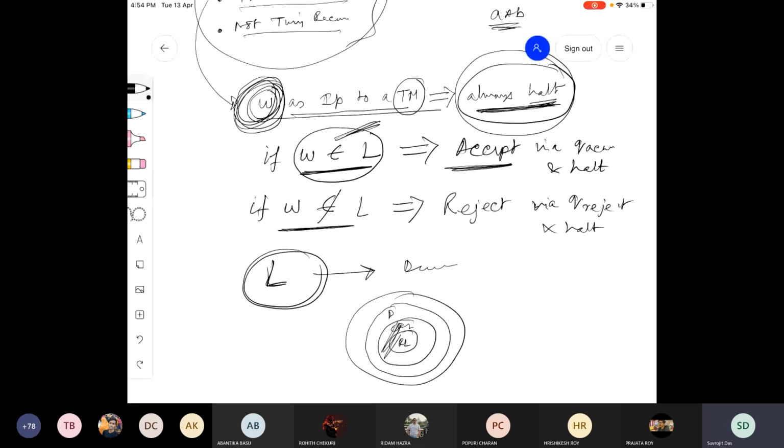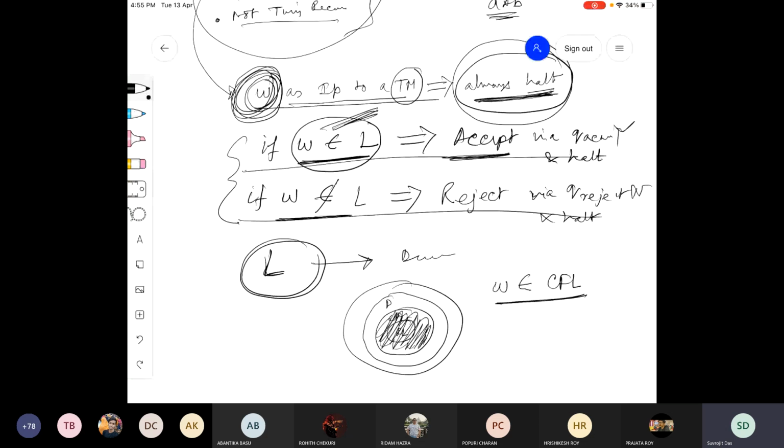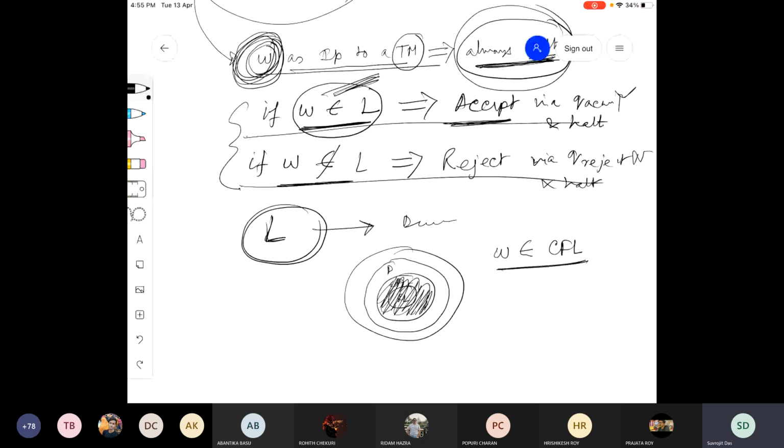That means the context free languages and regular languages are all decidable languages. If I give a string, it can say yes if it belongs to a context free language, and also no if it doesn't belong. So it decides, capable of telling a yes or a no in a finite time, that means polynomial time. That is what I mean by decidable class of languages.